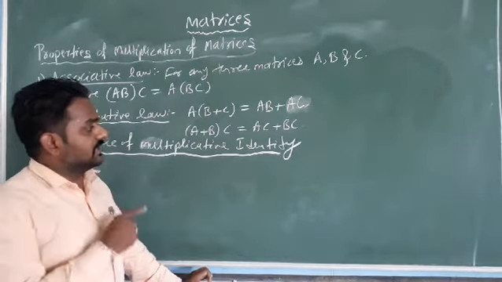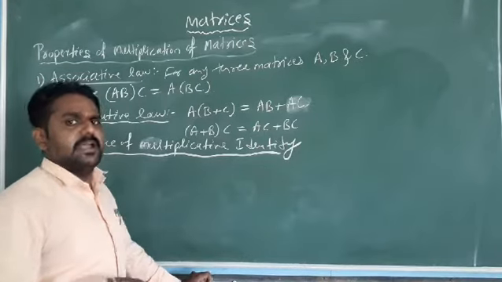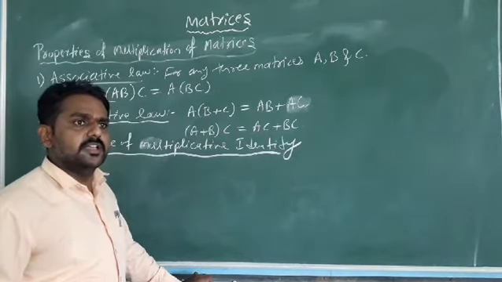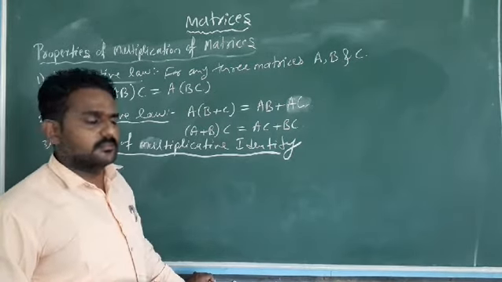Similarly, if you multiply a matrix with the given matrix, the obtained product should be the given matrix itself. How?